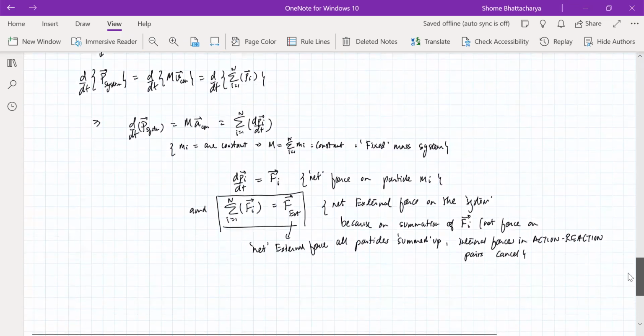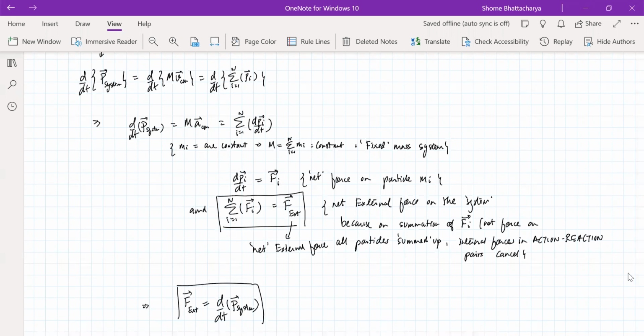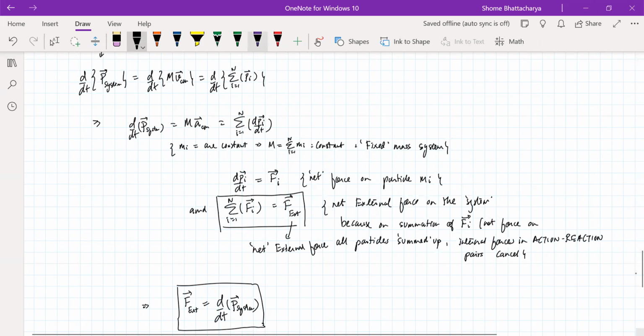So now from this we can see that the net external force on a system becomes equal to the rate of change of momentum of the system. Because of this, this now implies this statement.